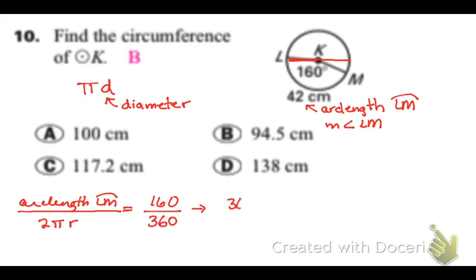We get 360 times the arc length, and we know the arc length is 42. That's 360 times 42 is equal to 160. There's the cross going that way, times 2 pi r. So we know that pi, we just substitute 3.14, and now we have to solve for r.